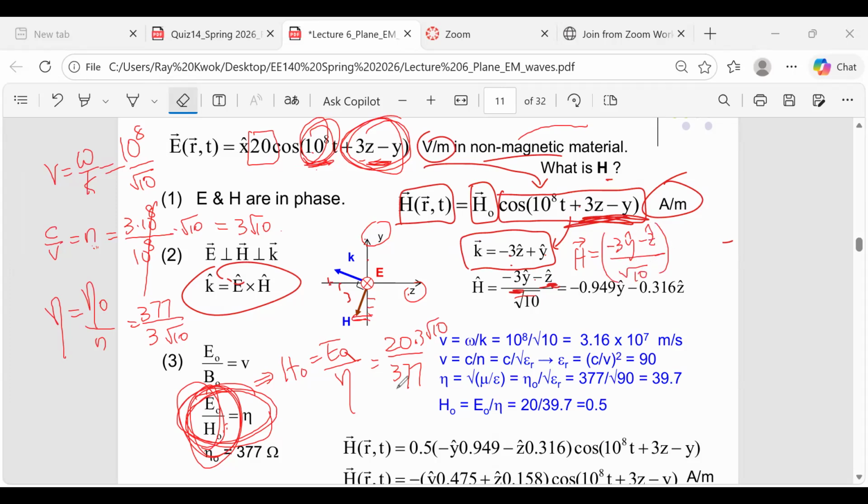The magnitude is this, 60 times square root 10 divided by 377. The square root 10 always cancels, that's why I don't multiply out. And then cosine of blah, blah, blah, whatever I have here. Amps per meter, right? That's it. I mean, you need to simplify it. Don't make me do arithmetic. I'll take points off for it if you do.